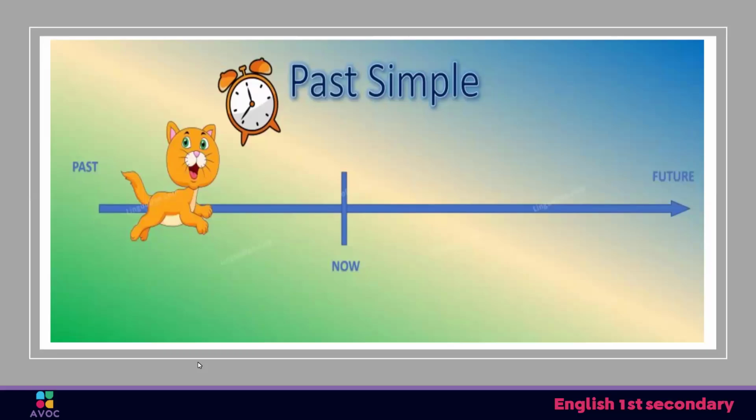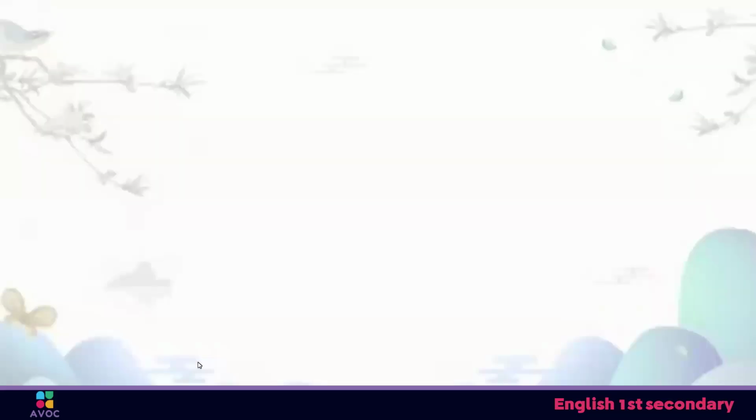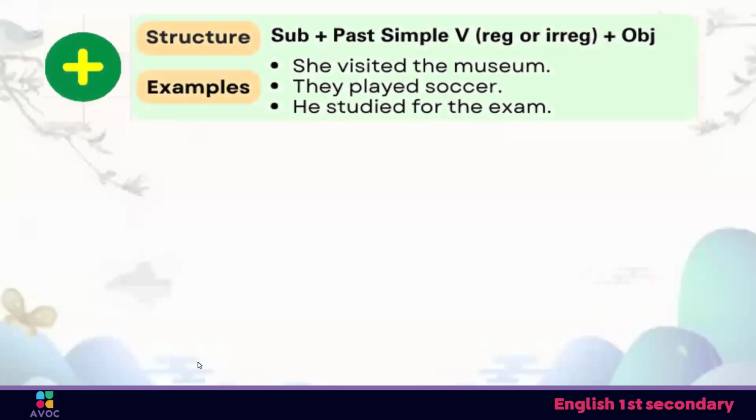And what happened before this point, we call the past tense. So the past simple tense on the timeline is what happened before the present point. As we said before, let's start with the structure or the form of the past simple tense.